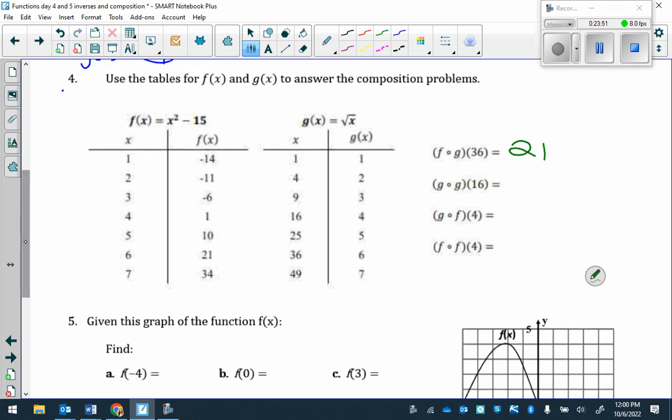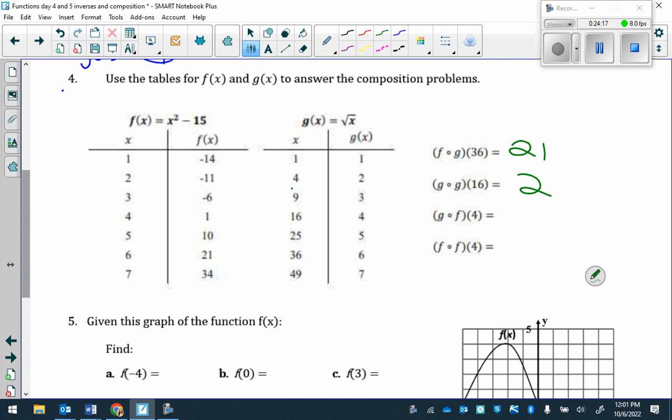Okay. Now we have g of f of 16. So what do we do first? F of 16, which is? And then g of 4, which is? 2. Good. Okay. Now let's look at g of f of 4.